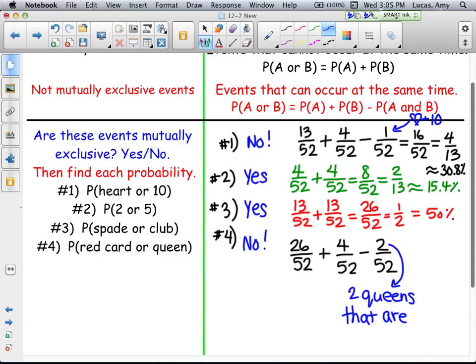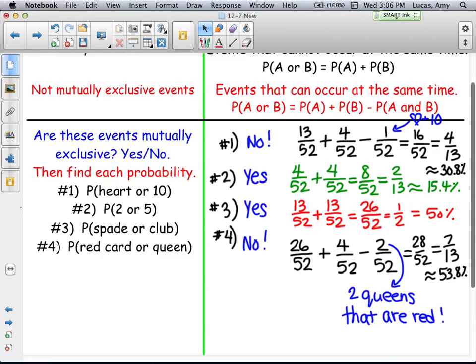That's where they overlap. Okay, so 26 plus 4 is 30. 30 minus 2 is 28. So 28 over 52 reduces to 7/13. And 7 divided by 13 is about 53.8%. Final answer.